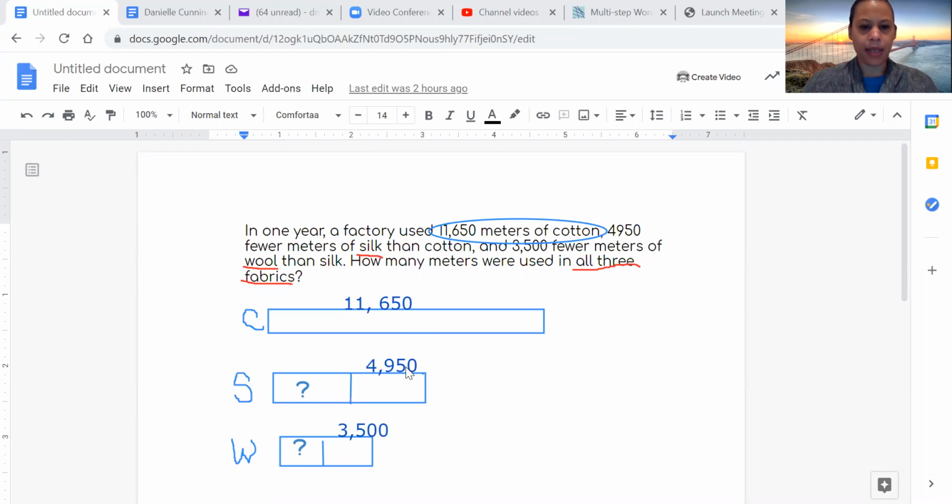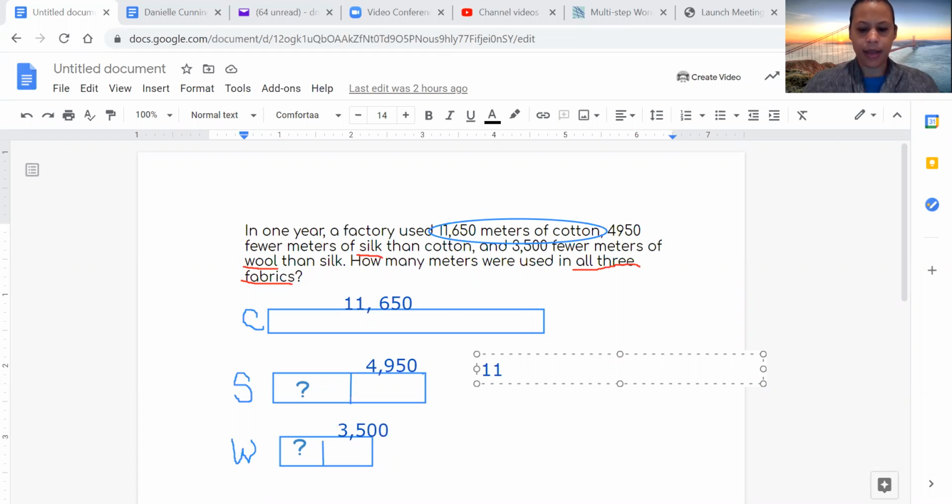So the first step is we would subtract the difference from the cotton and the silk. So we would subtract that amount. And I can set that up right here.